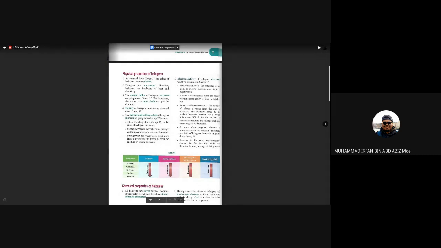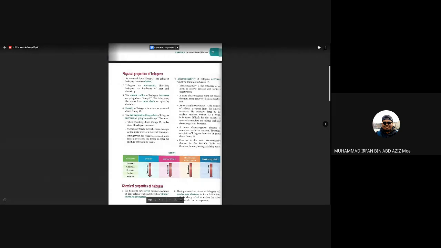Then the physical properties of halogens. Density increases because the atomic radius increases. However, if we compare group 17 and group 1, the melting point of group 1 decreases down the group, but for group 17 it increases. Why? Going down group 1, it is easier for the atom to lose an electron, therefore the attraction between the nucleus and the outer electron is weaker.